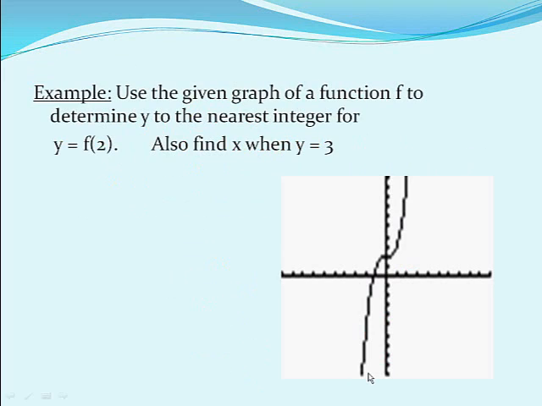In this example, we are going to use the given graph of a function f to determine the y value to the nearest integer. If we are given y equal to f of 2, what is the y value nearest to the integer? What this means is x equal to 2, and we need to calculate y from the graph.